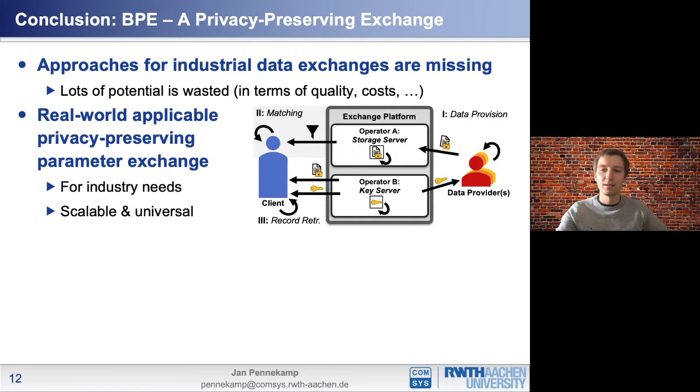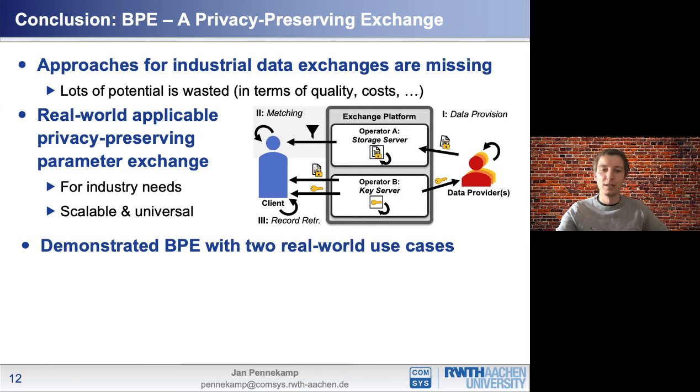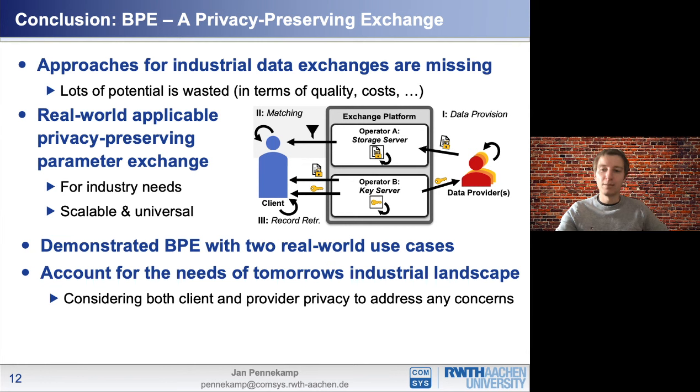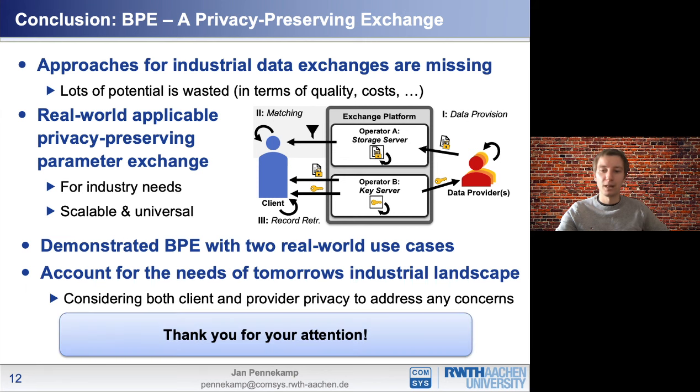To address this, we propose BPE, our parameter exchange, which addresses industry needs and is both scalable and universal at the same time. We demonstrated BPE with 2 real-world use cases, of which one I presented here in this presentation. With BPE, we account for the needs of tomorrow's industrial landscape because we, unlike the real world, consider both client and provider privacy. And with this, I would like to conclude my talk and thank you for your attention.